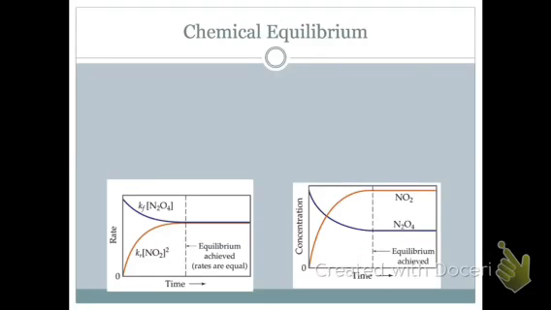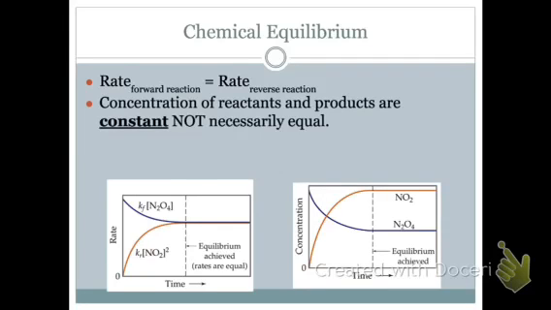Now with chemical equilibrium, your third type, you're dealing with the rate of forward reaction equals the rate of your reverse reaction. Concentration of reactants and products are constant, but not necessarily equal. So your reactants and products, you're looking for your constant level. It doesn't have to be equal. So how do I know when it's hit equilibrium?